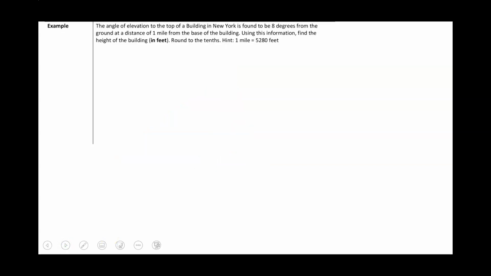So here's an example. It says the angle of elevation to the top of a building in New York is found to be 8 degrees from the ground at a distance of 1 mile from the base of the building. First thing we should do is draw this. Okay, so here we have a building. So this is our building.